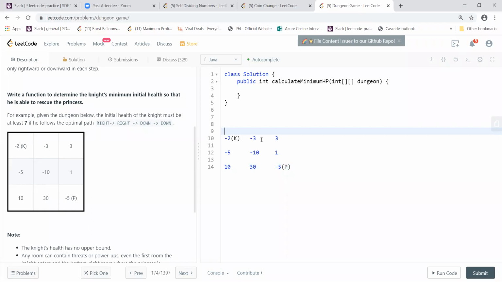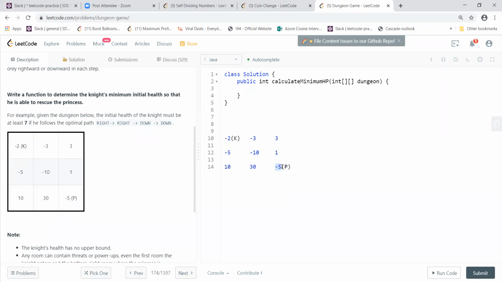Then he goes to the right side, which is -3 here. 5 minus 3 will be 2. So he still can move ahead with 2. So 2 plus 3 will be 5, and 5 plus 1 will be 6. And when he drops over here, 6 minus 5 will be 1. So at least he has to have health of 1.